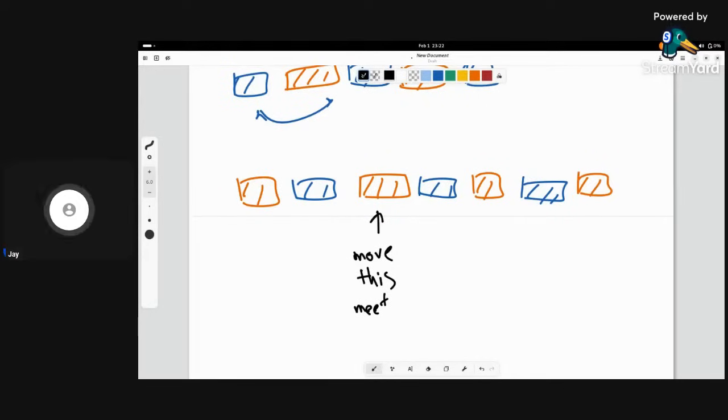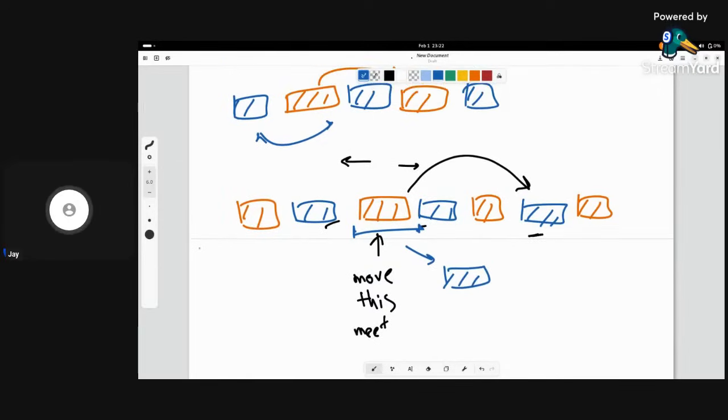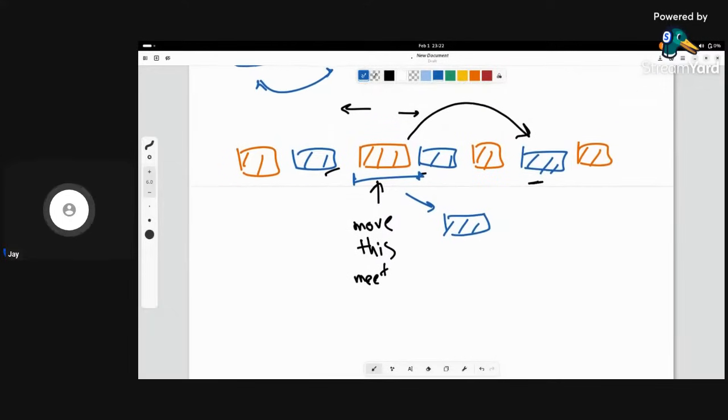Now, if you move this meeting to the right or to the left, that would just merge these 2 slots. But if there's enough space, you could also move this meeting to this free slot. And then you're getting an additional free slot of this meeting size for free. That would be an extra move on your side.